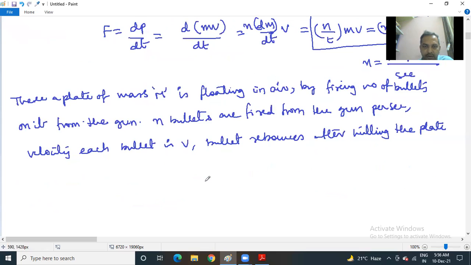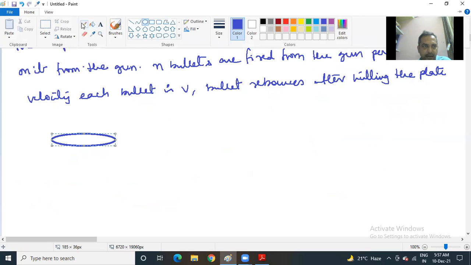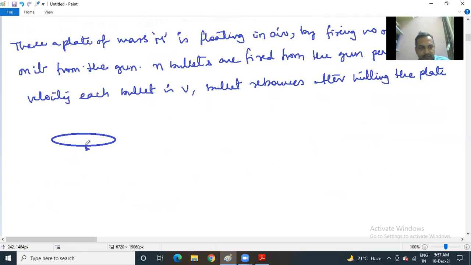then what we can write is, just imagine this is the plate, so its weight acts vertically downwards, due to which it moves down, but it is restricted not to move down by firing bullets in the upward direction, n bullets per second. Mass of each bullet is m.